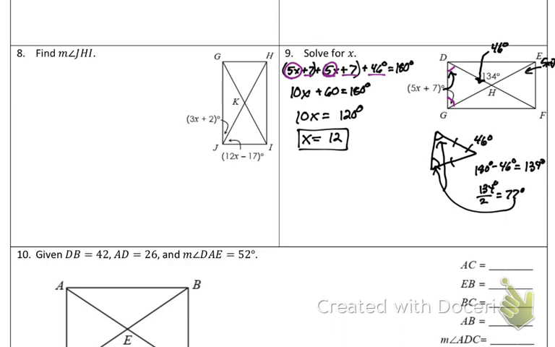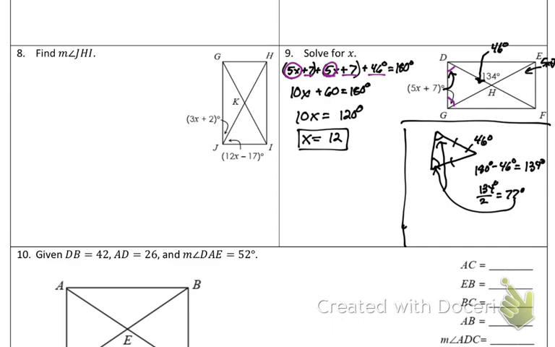Why did it equal 134 on my alternate way? My alternate way is basically, let's say I asked you for the measures of these two angles, and we know they're both the same. We know that a triangle equals 180 degrees. So if I do 180 minus 46, I have 134 degrees to split between these last two.